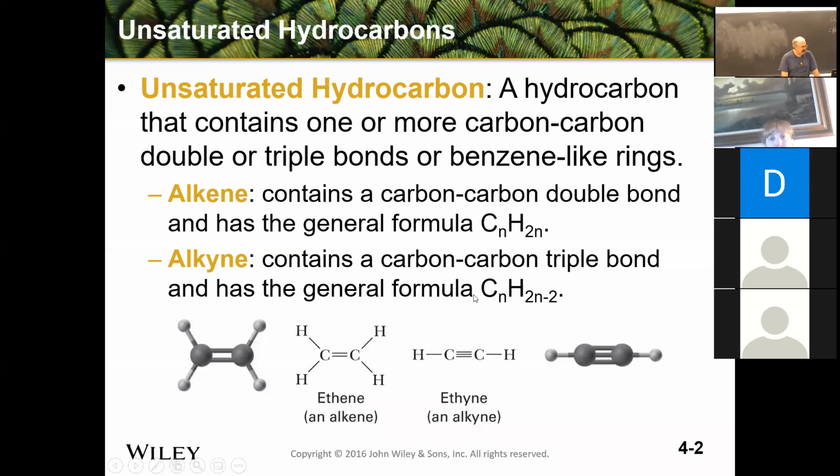So for an alkyne, the general formula is CnH2n minus 2. This is the simplest alkene, which is ethene, and then the simplest alkyne is ethyne. This is commonly called ethylene. This is commonly called acetylene.